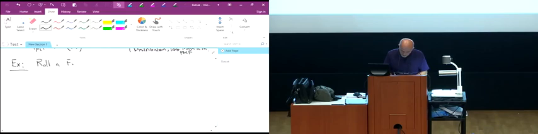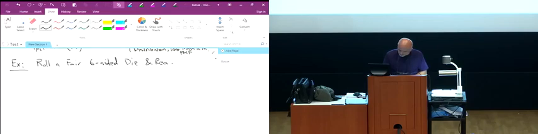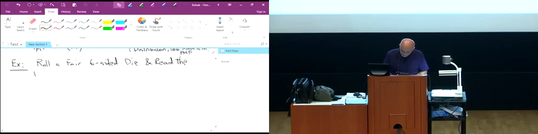Roll a fair six-sided die and read the top. So my random variable X is what? X can be any of what values? 1 through 6. Right?